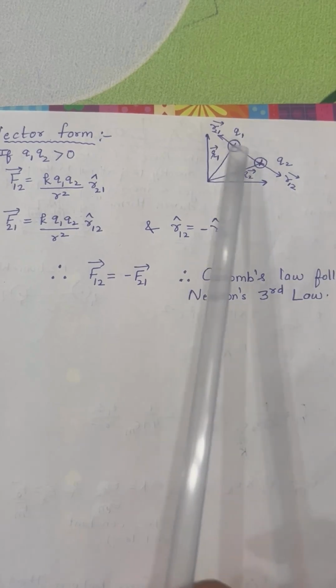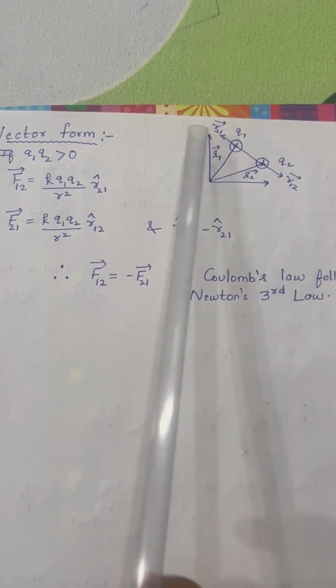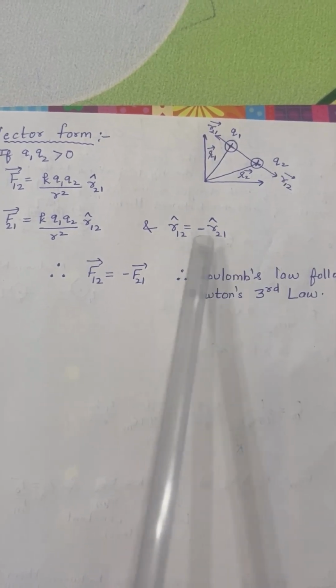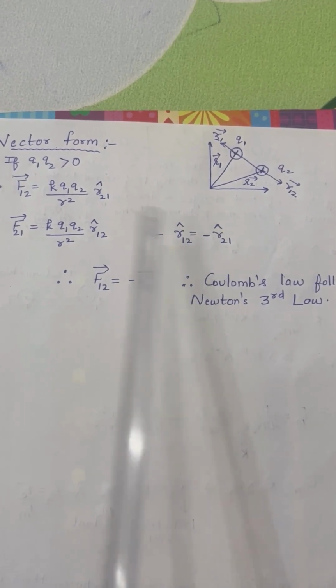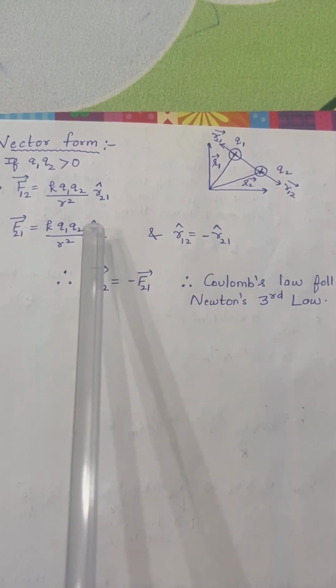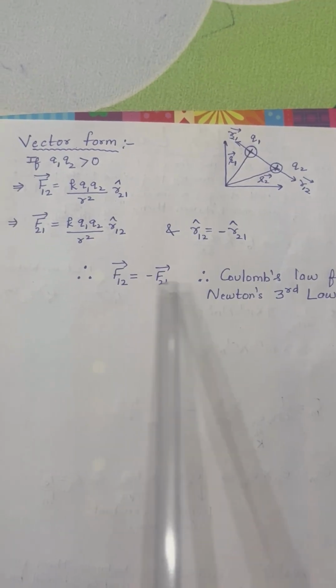These are the unit vectors, 21 cap and 12 cap. Both are opposite vectors. That is why they are related with each other with the negative sign, because of the opposite directions. If we put this value here, we will get F12 vector equals minus F21 vector, which shows Coulomb's law follows the third law.